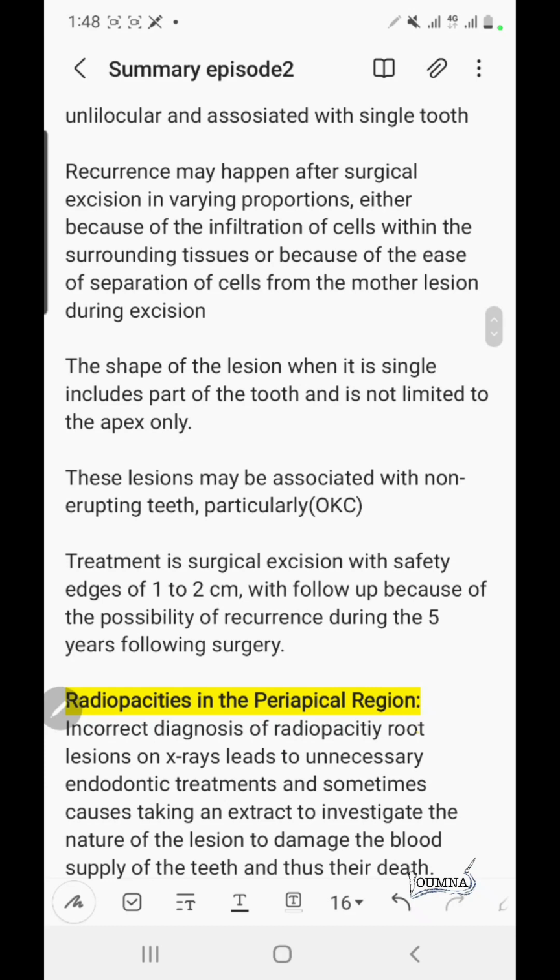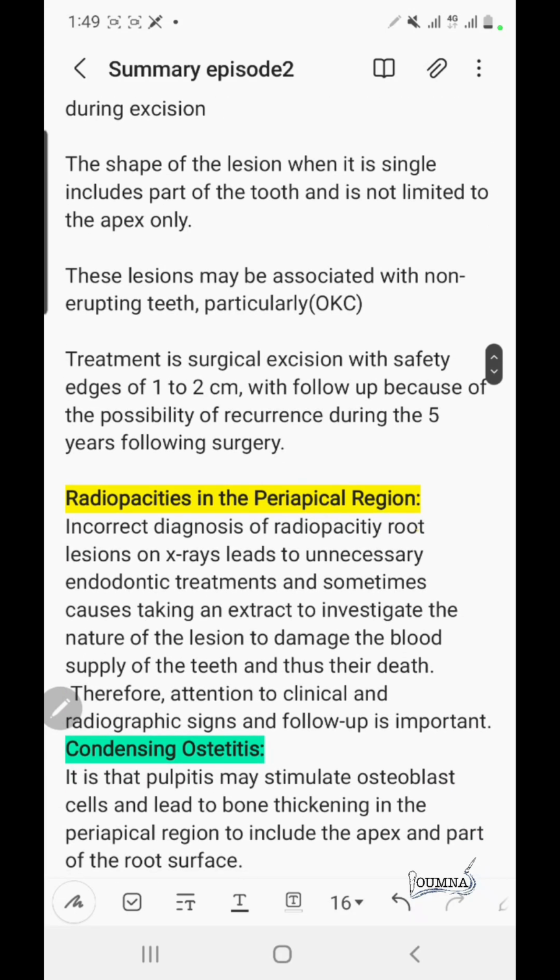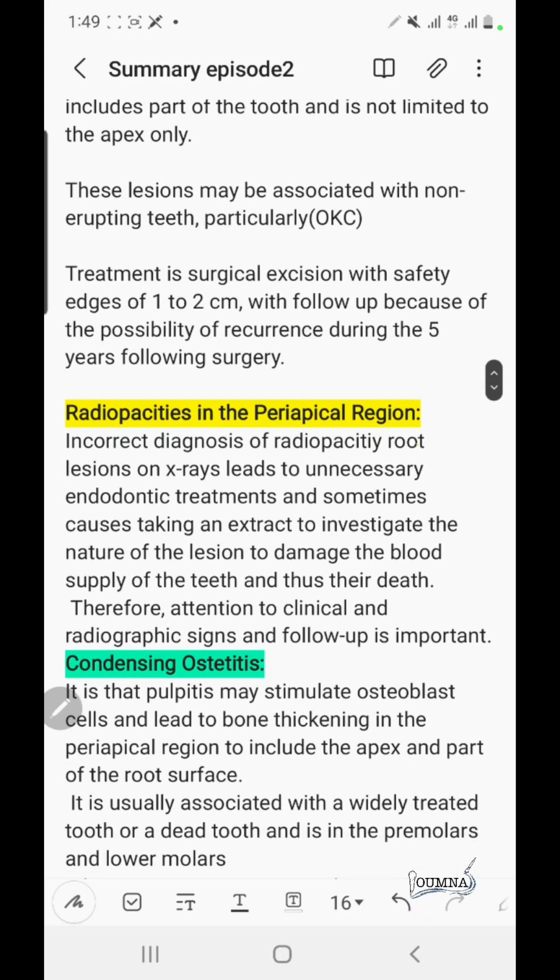Recurrence may happen after surgical excision in varying proportions, either because of the infiltration of cells within the surrounding tissues or because of the ease of separation of cells from the mother lesion during excision. The shape of the lesion when it is single includes part of the tooth and is not limited to the apex only.